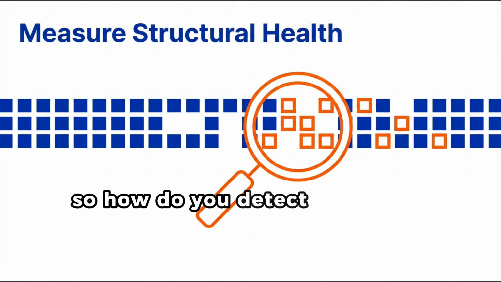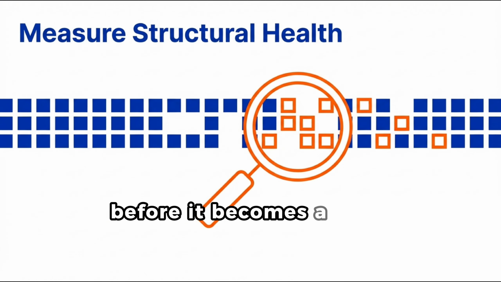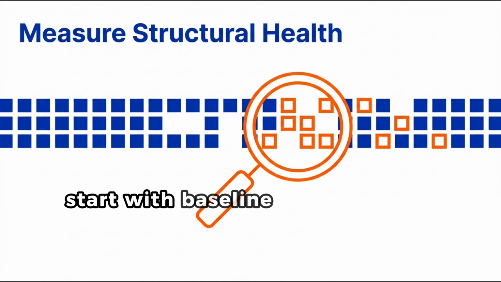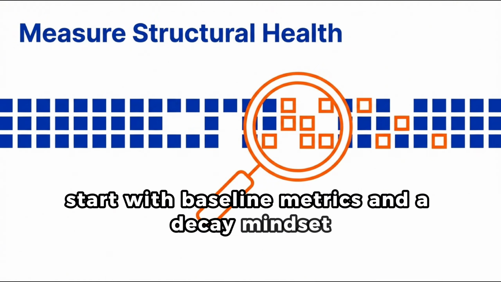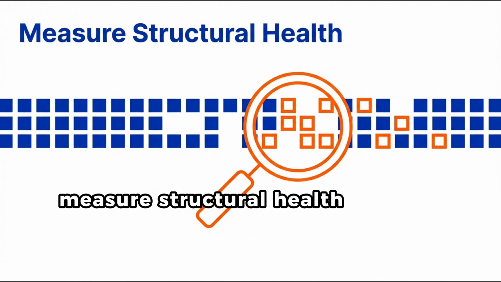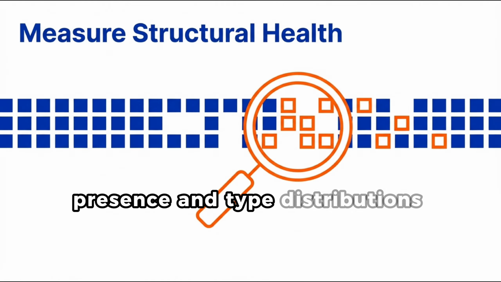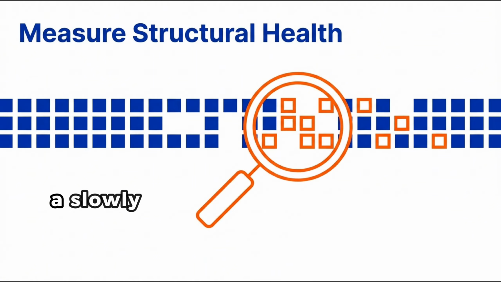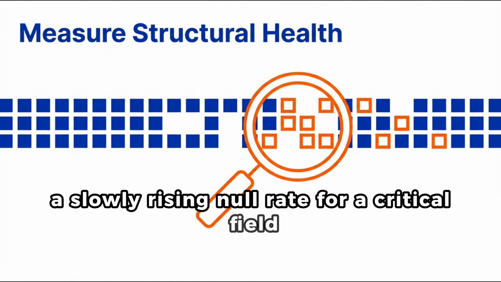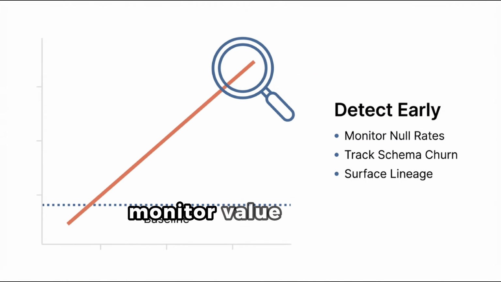So how do you detect structural degradation before it becomes a crisis? Start with baseline metrics and a decay mindset. Measure structural health, not just pipeline uptime. Track field-level presence and type distributions over time. A slowly rising null rate for a critical field is a red flag. Monitor value entropy.